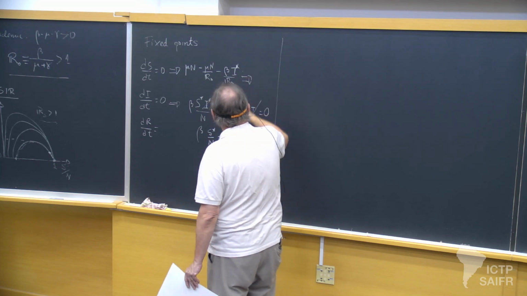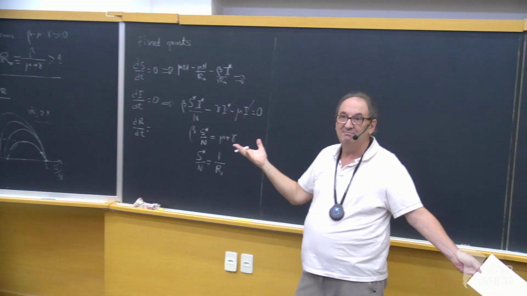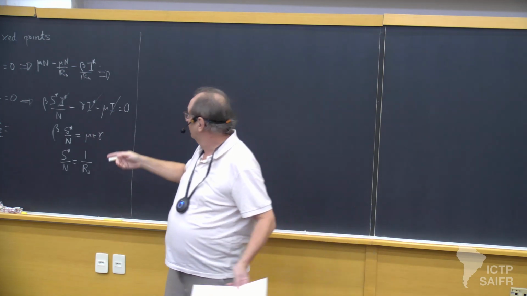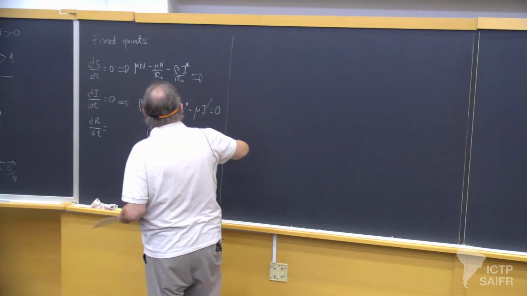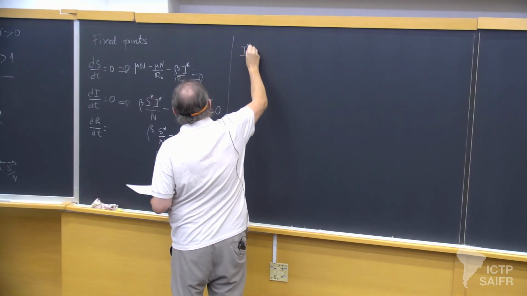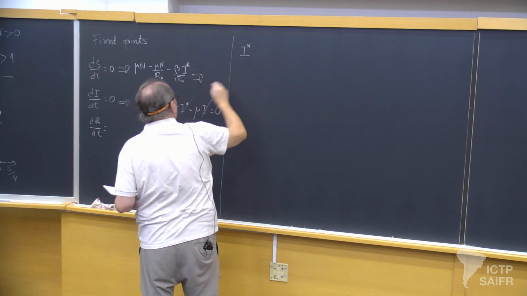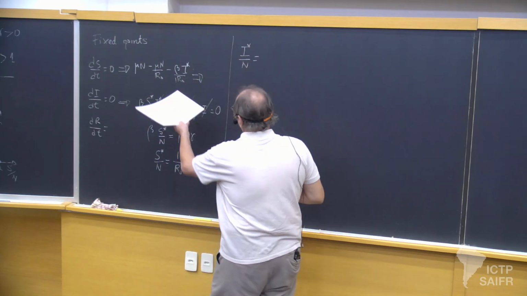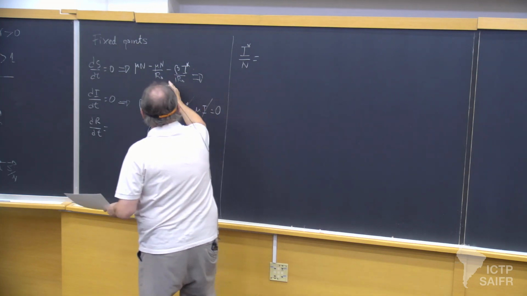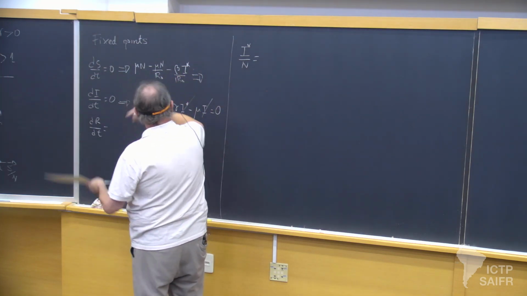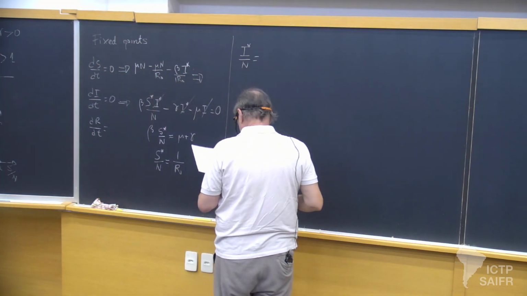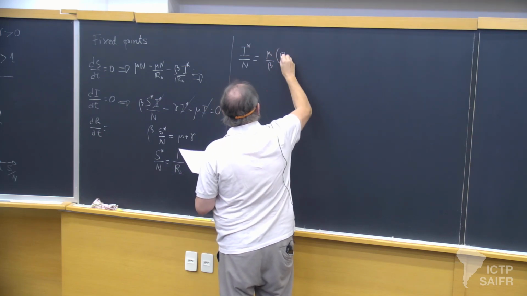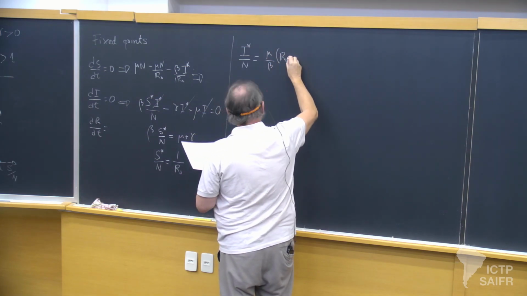This is an equation for I star. It's an algebraic equation. I can isolate I, and I can get I star over N, which will be, from this equation, you put this on this side, and then you go back and forth, and we will get mu over beta times (R0 minus 1).